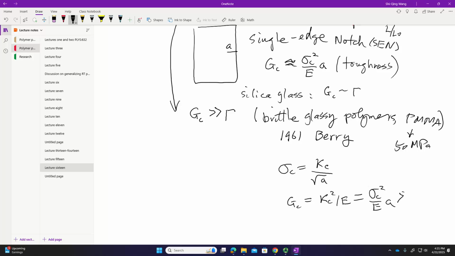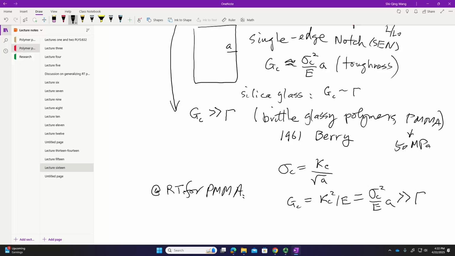It's also true, just like in the case of steel, that this is much larger than gamma. The less confusing part is that indeed this is done at room temperature for PMMA.